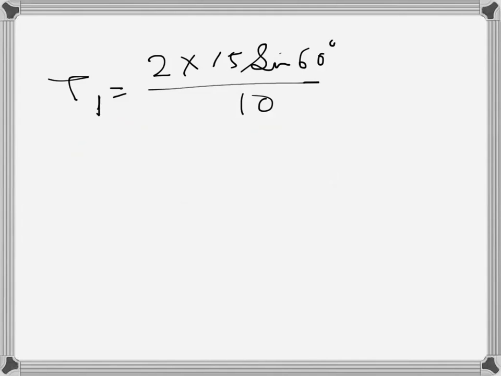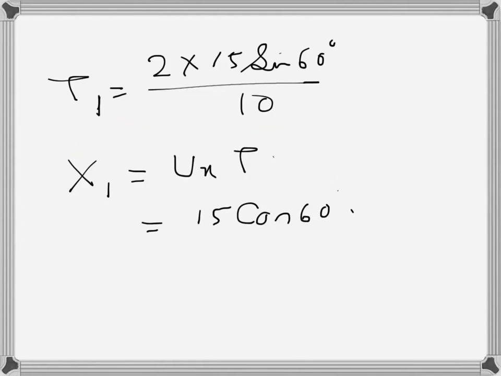So that's the travel time. So the range that it has will be ux times t. So ux is 15 cos 60 degrees, times t, which is 2 times 15 sine 60 degrees over 10.